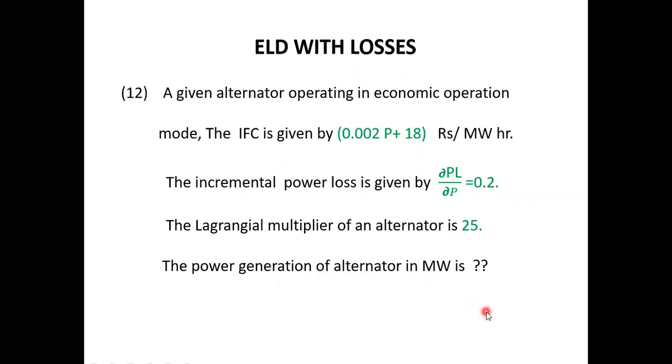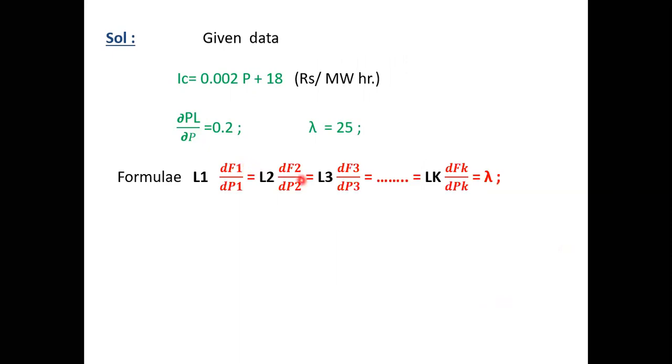So first, let's see the given data. This is the given data in this problem: the IC, dou PL by dou P, and the lambda value. By using these, the formula we can use is the generalized condition when we are considering the losses.